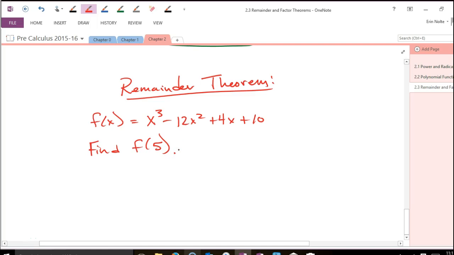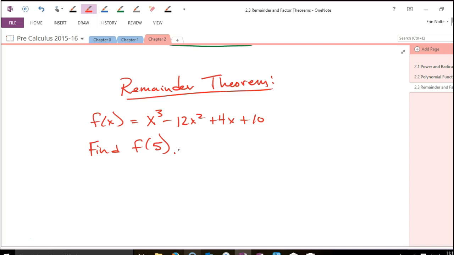The remainder theorem is simply a technique that is used to find the function value at a given x. So if I'm given some function and they ask me to find the value of the function when the x value is 5, I can use the remainder theorem.